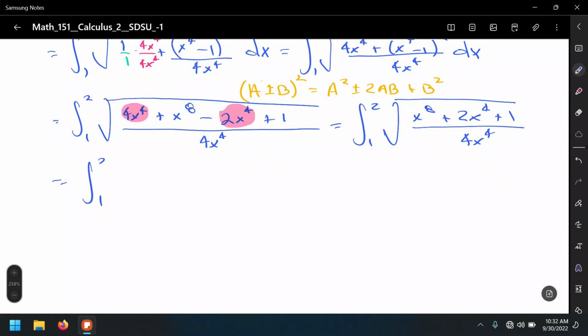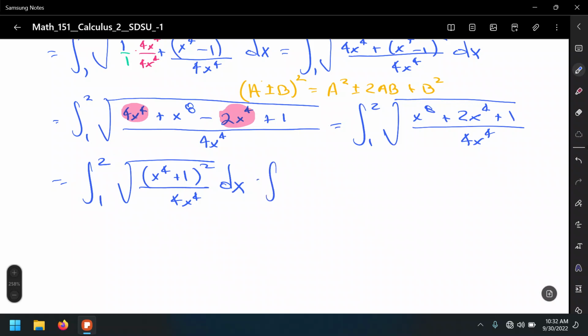the integral from 1 to 2 of the square root of (x to the 4th plus 1), quantity squared, divided by 4x to the 4th, with respect to x. So we should be able to simplify this madness finally, because we may use the quotient rule for radicals in the first place.